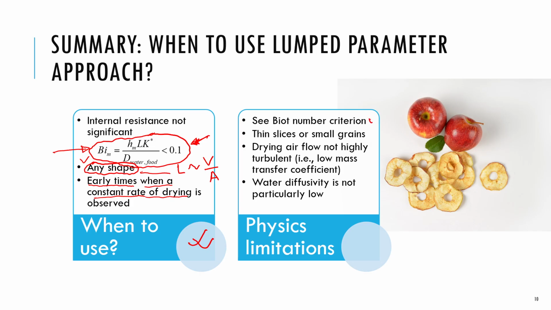First, this Biot number criterion has to be satisfied, which is typically for thin slices or small grains. Then, drying airflow not highly turbulent. What this means is if it's highly turbulent, then external resistance is becoming small, and this lumped parameter approach is when external resistance is much higher than internal resistance. Another way of looking at it is if this h itself is large, it will be hard to satisfy this equation.